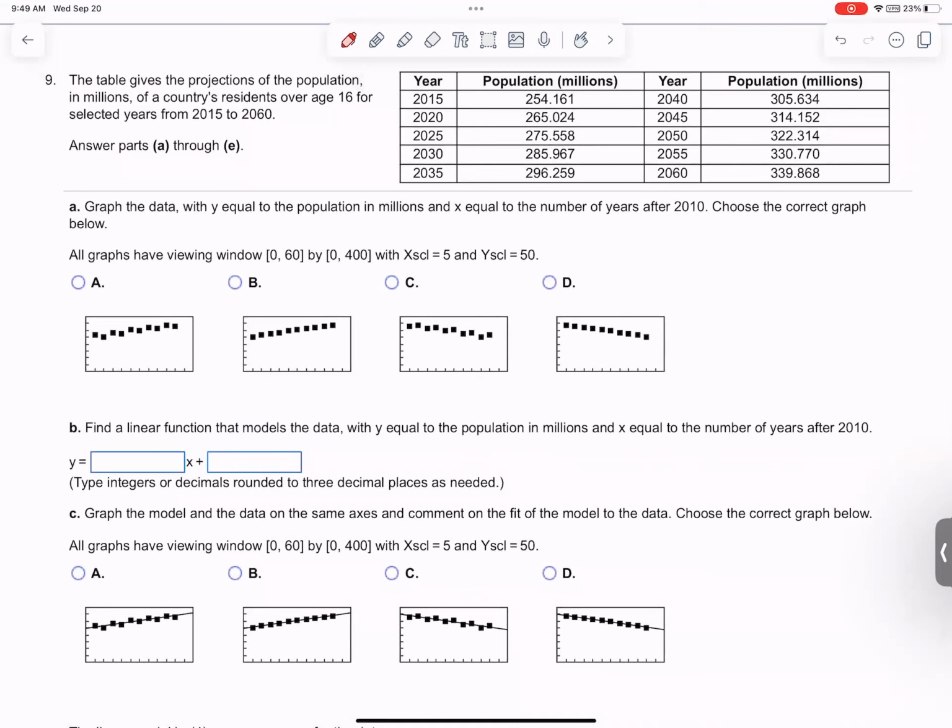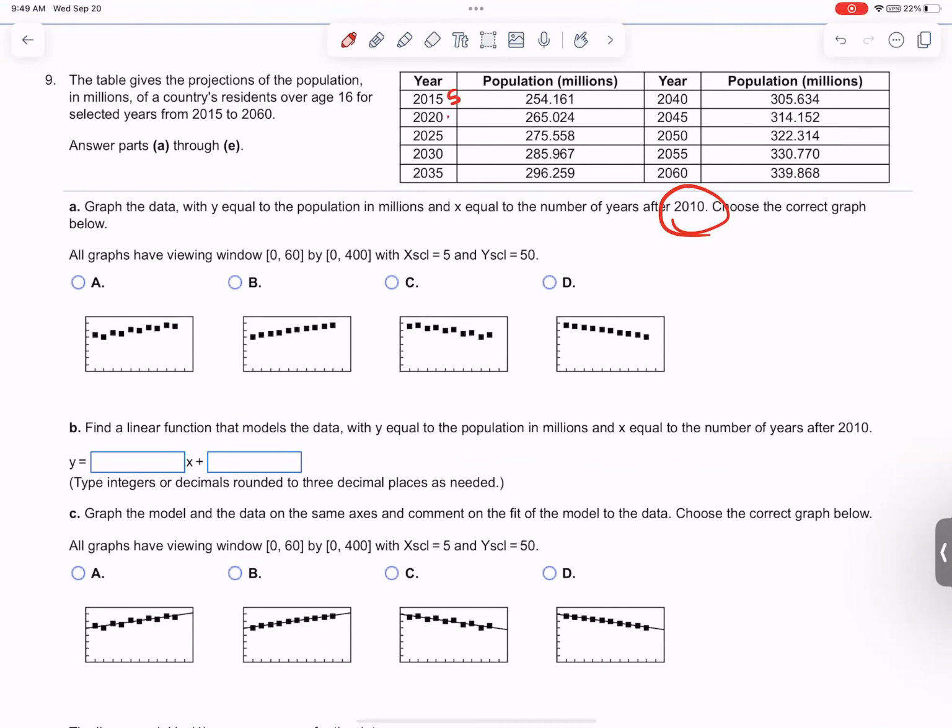The table gives the projections of the population in millions of a country's residents over 16 from 2015 to 2060. Graph the data with Y equal to the population in millions and X equal to the number of years after 2010.